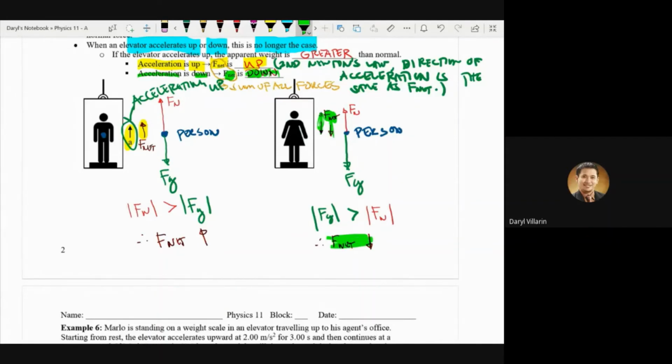But if there's no difference between the normal force and Fg, well, that is your actual weight. And that only happens if the bottom scale is not moving or moving with a constant velocity. So any question with this one here?